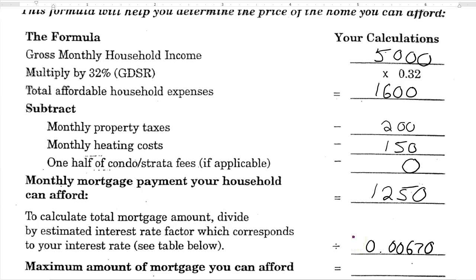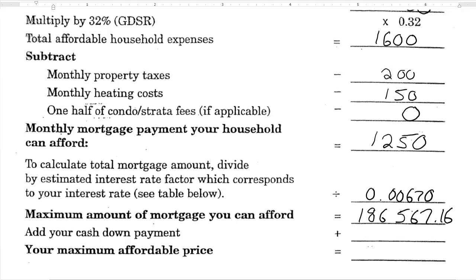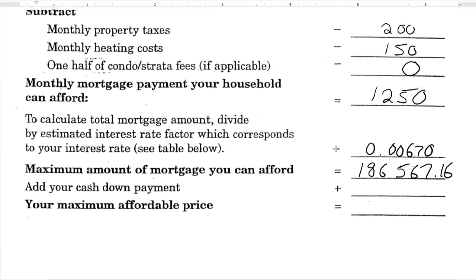Now we think back to general math rules: if we're dividing by a decimal, our number is going to grow, quite a bit. So I take 1250, I divide by 0.0067, and I get $186,567.16. So that's the maximum amount I can afford for my mortgage.